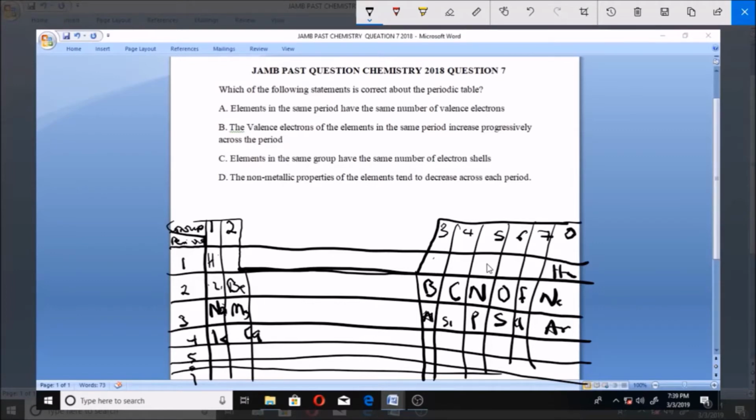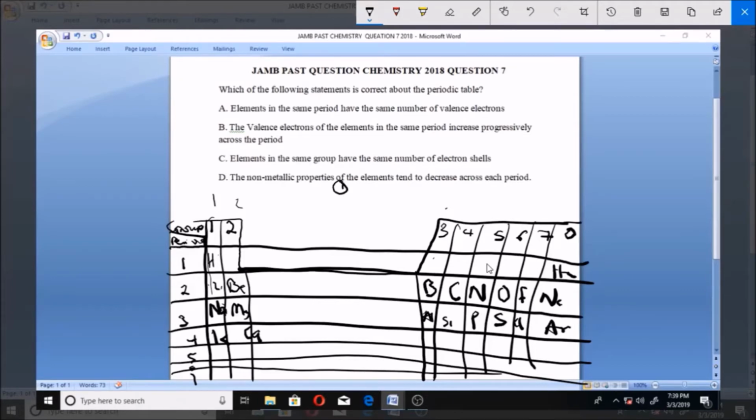So I want you to notice something. These are the groups, group 1, group 2, 3, 4 down. All the elements in the same group have the same number of valence electrons. So what are the characteristics of the periodic table?